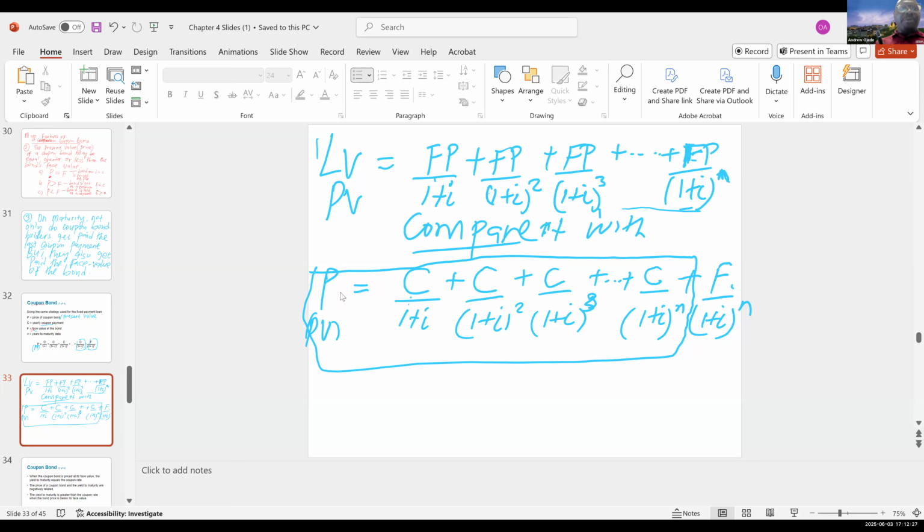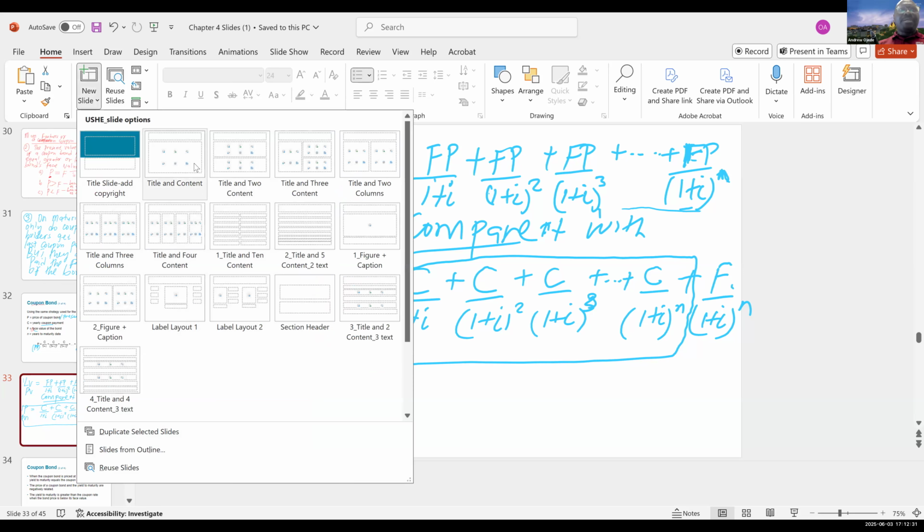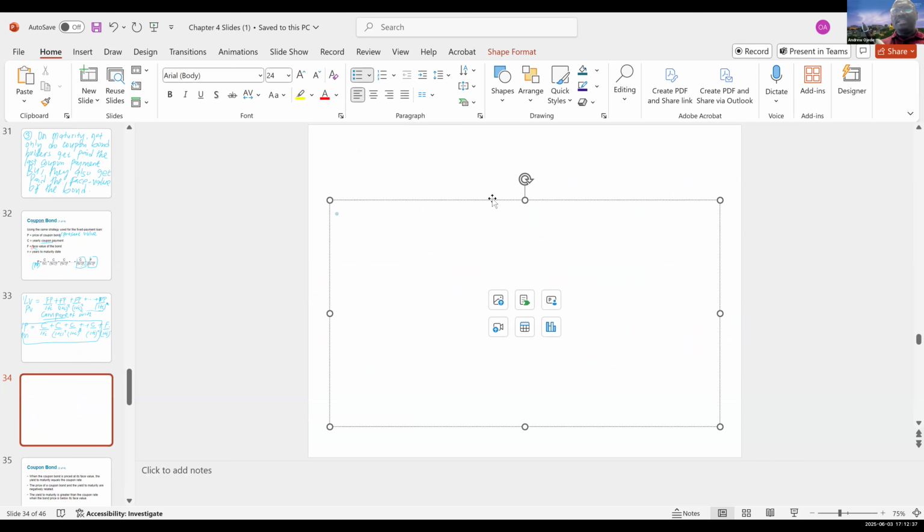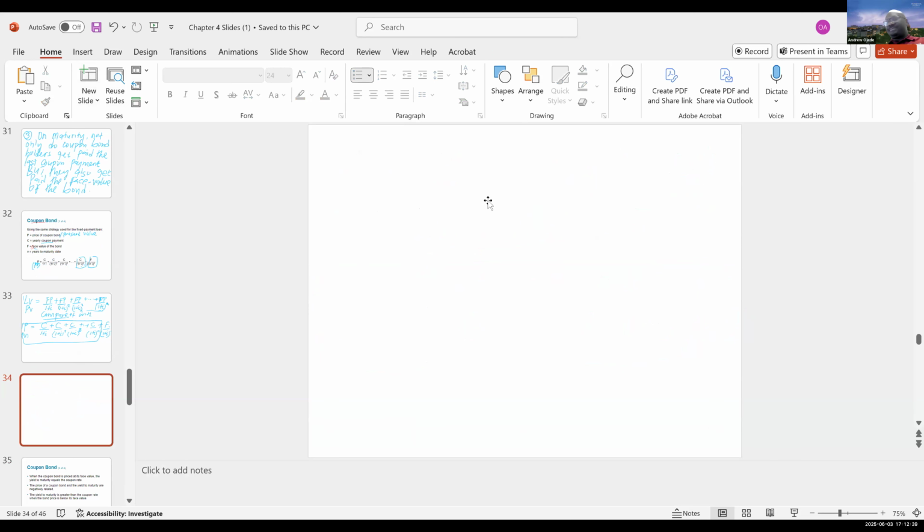So now when we think about this formula more critically, we can go and do the same algebraic manipulation that we did, the formula that I derived for you.